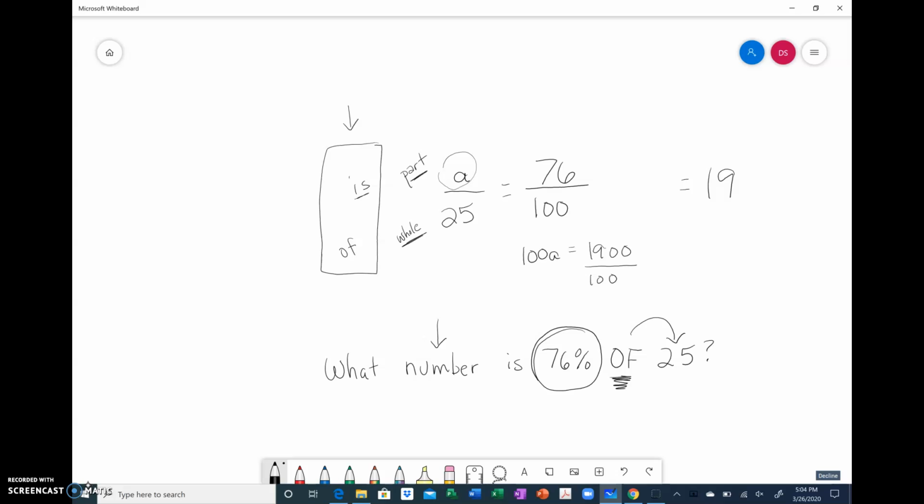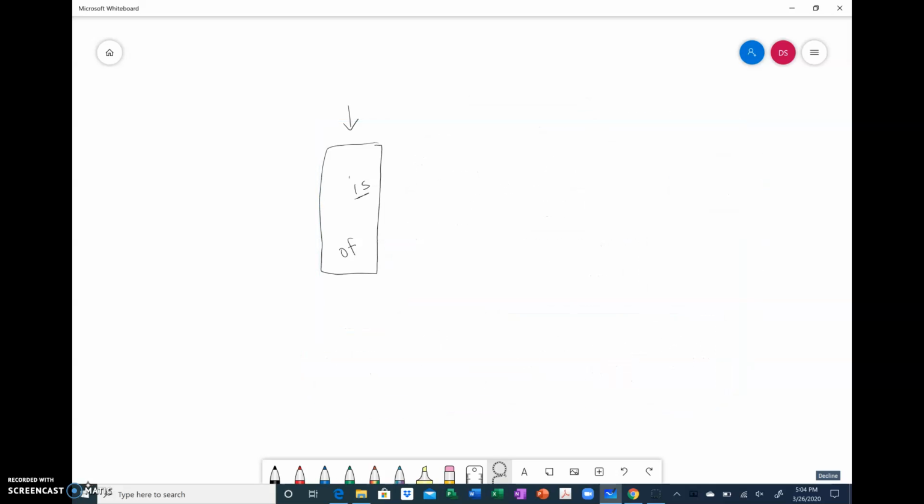Let me see how we're doing on time here. Oh, just about another minute. Okay. Let me give you one more quick example solving for B, the whole, so that you see how to do that, and we should be good to go with this lesson.